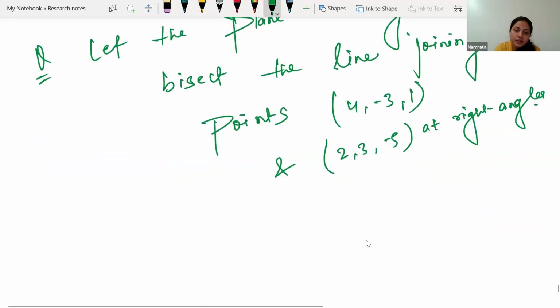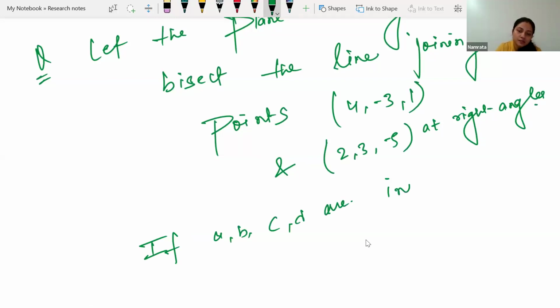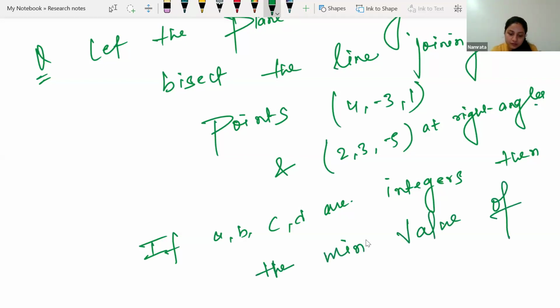If a, b, c, d are integers, then we have to find the minimum value of a square plus b square plus c square plus d square.